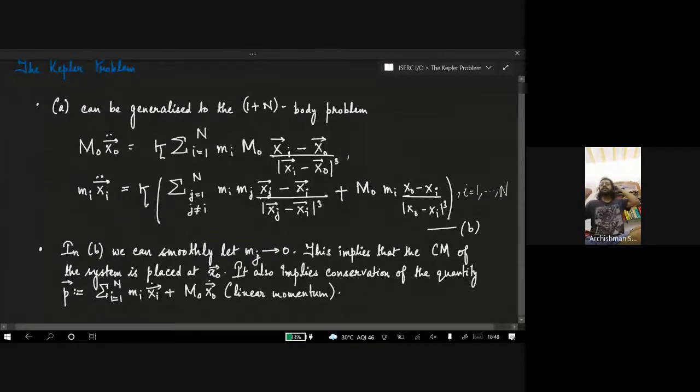Essentially, if you place the center of mass of the entire system at the sun, you can show that the linear momentum of the system is conserved.